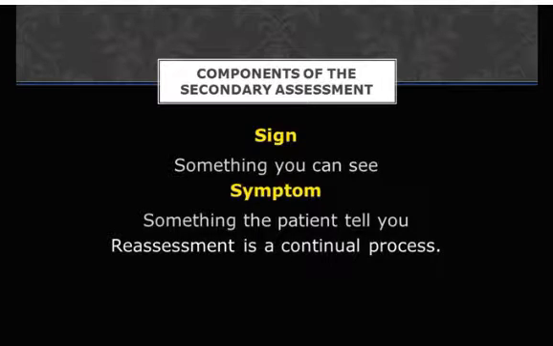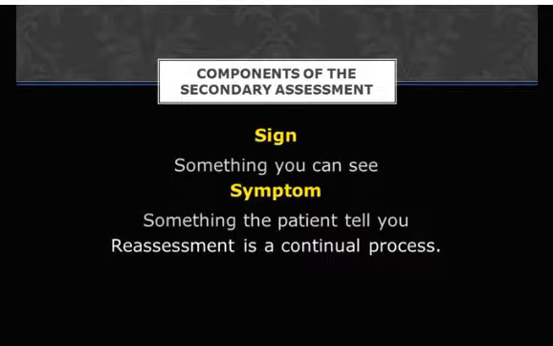Okay, so components of our assessment is that SAMPLE history. So the S stands for signs and symptoms. Now, a sign is something you can see. I can see if a patient is pale. I can see if they're sweaty. I can see if they're throwing up. But I cannot see a lot of things, like if they're dizzy or if they're nauseous.